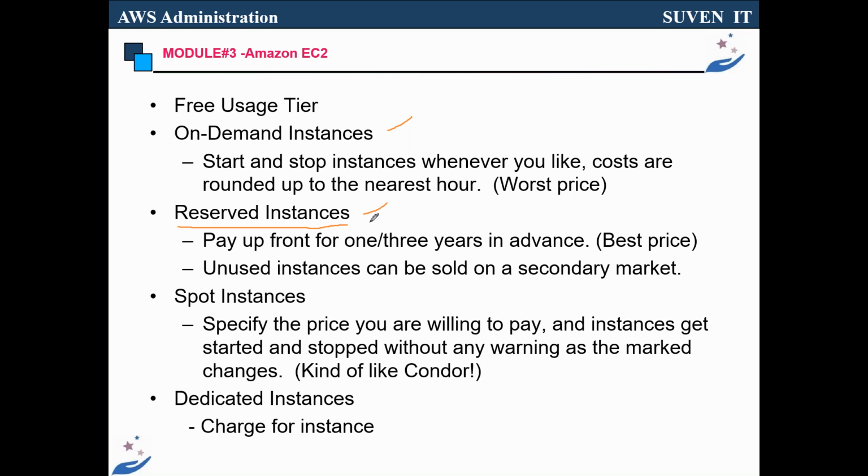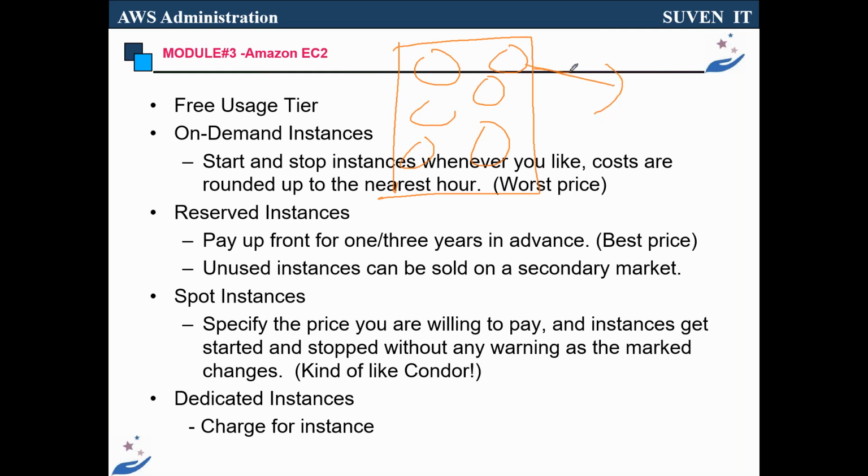Dedicated instances means they will give you a direct physical server as a dedicated instance. Usually in a general environment, there is a physical server and in that there are a lot of virtual servers.